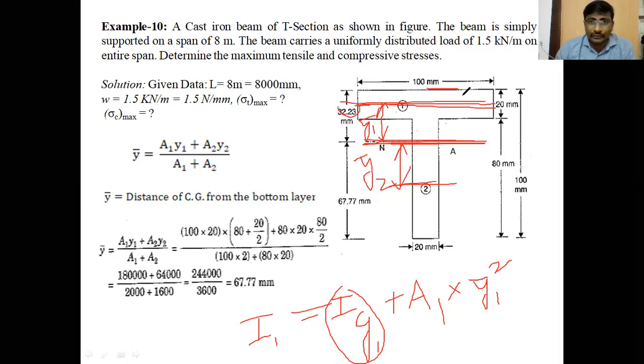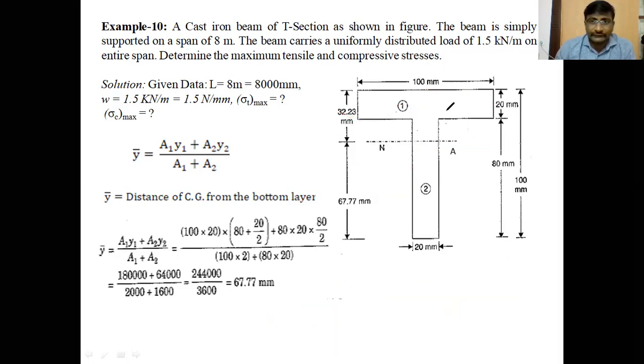From this, 32.23 minus 10, we get the distance between two axes, that is 22.23 mm. We must substitute 22.23 squared as Y1 bar squared. Clear, students? Like that, the distance between two axes squared we must substitute in the parallel axis theorem.